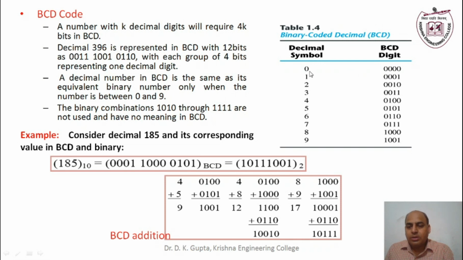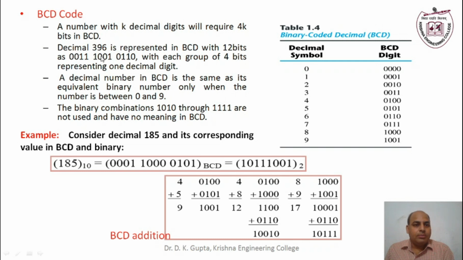So 0 is written in binary form but in a group of 4. So 0 is equivalent to 0000 and 9 is equivalent to 1001. So if a decimal digit is represented in binary with a string of 4 bits, then that code is called BCD code.